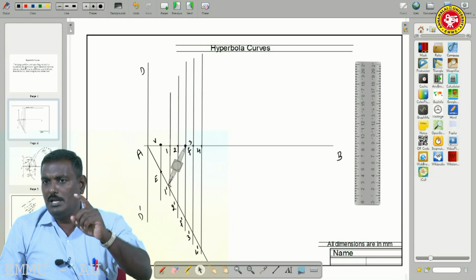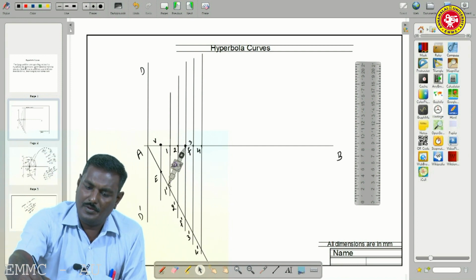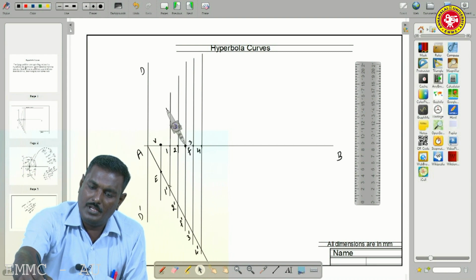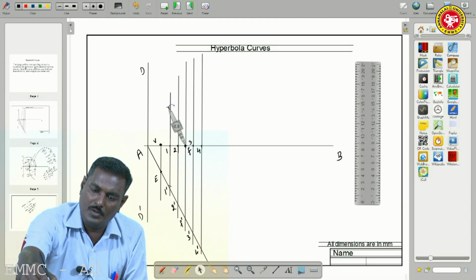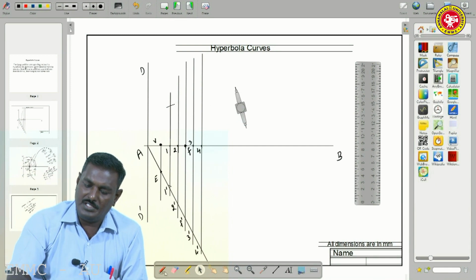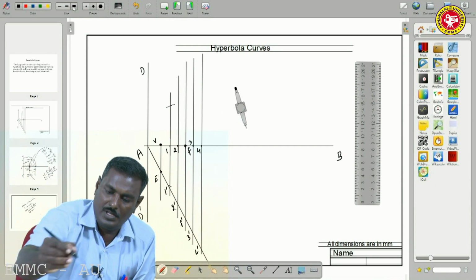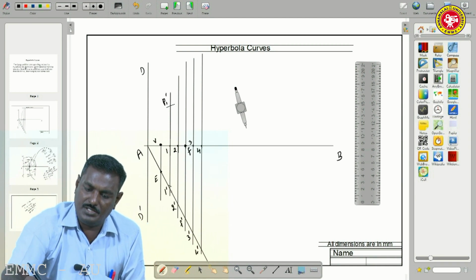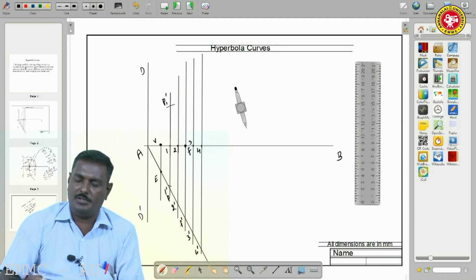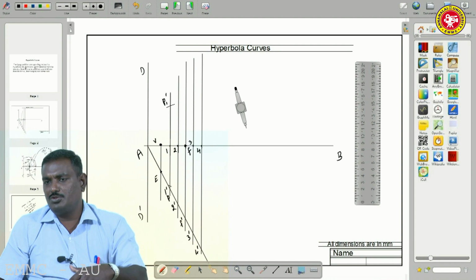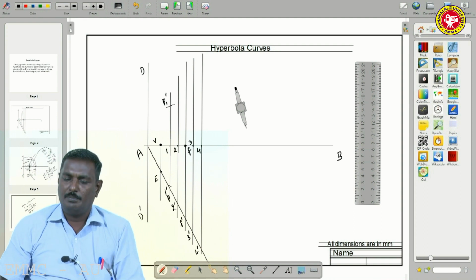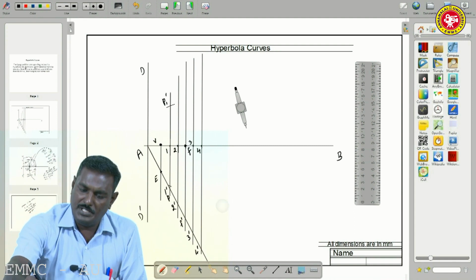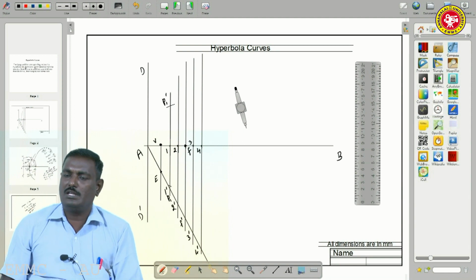Then give the lettering. This is P1 dash, and this point is P. Because it disturbs the curve, I am putting the label away from P. So P suffix 1, that is P1 dash.